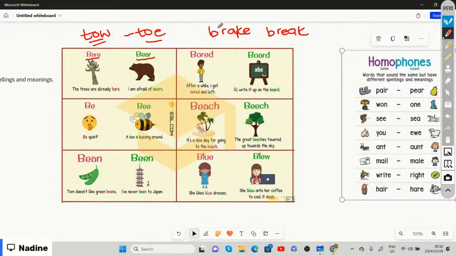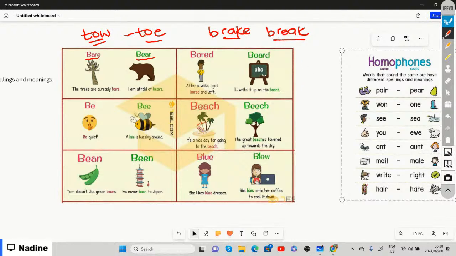So now you would brake. And then this word break is when something falls and it breaks into pieces, or it breaks in half.